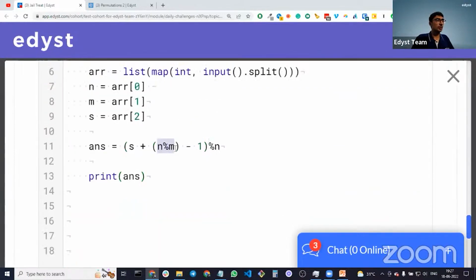S plus M modulo N minus 1, modulo N. I guess plus 1, right? Yeah, sorry, correct. M modulo, not N modulo. Thank you for that.